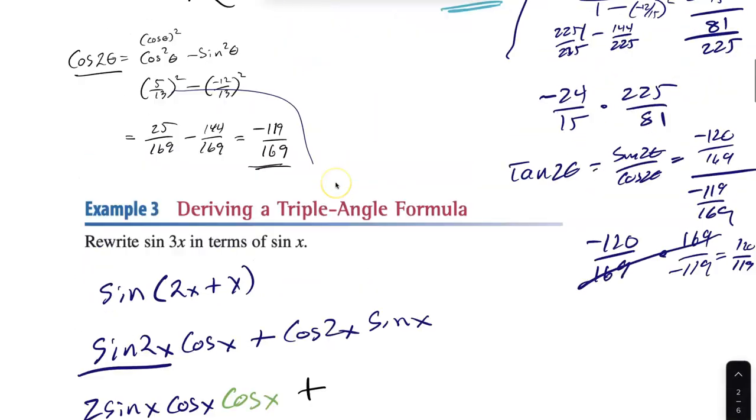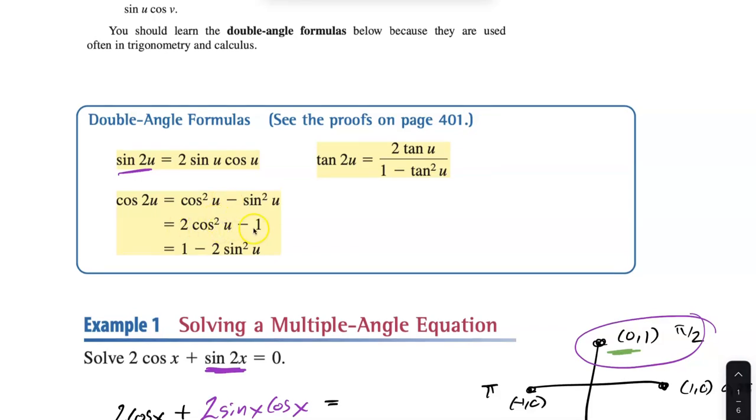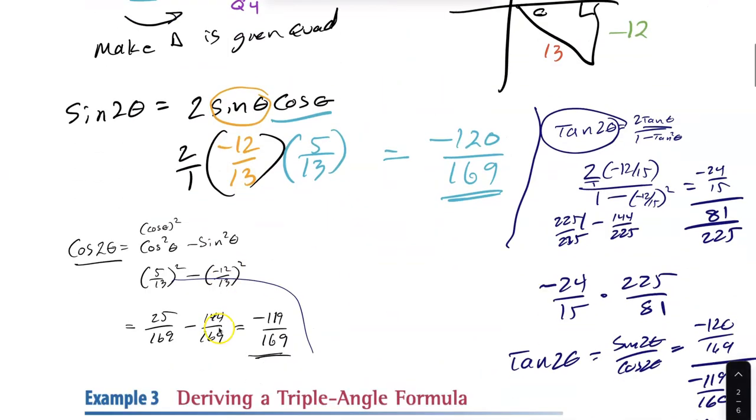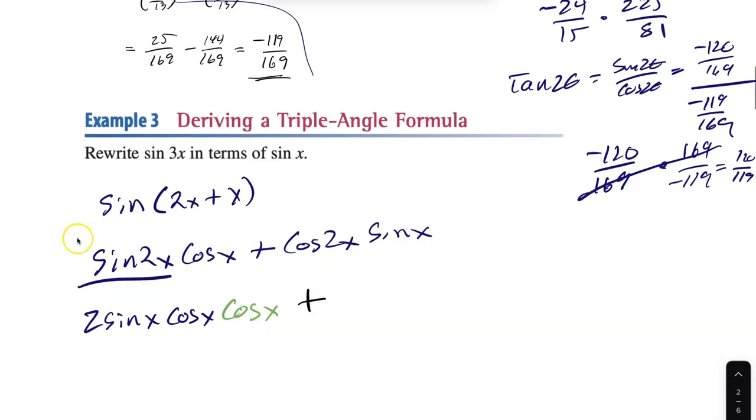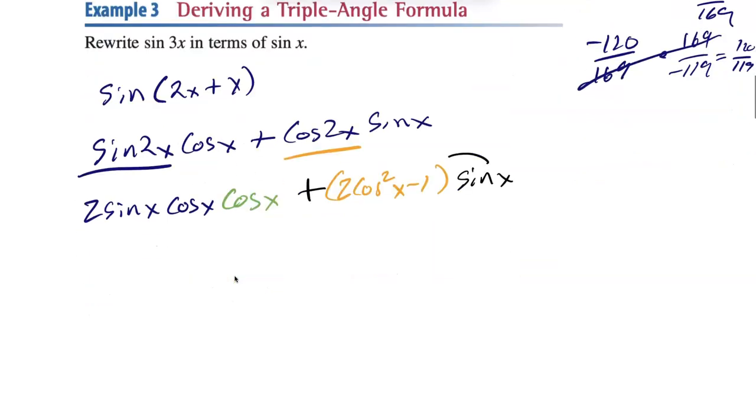Cosine 2x, you have 3 possibilities. In this case, I think I'm going to lean toward using 2 cosine squared minus 1, because that had a sine already, and we need some more cosines. So I'm going to change this to 2 cosine squared x minus 1. And there's still the sine. Then let's distribute.